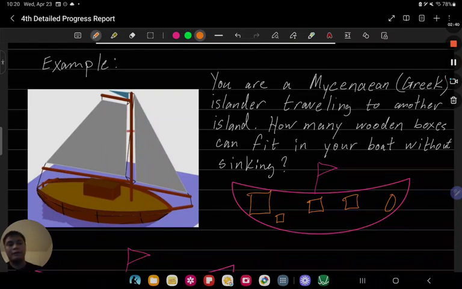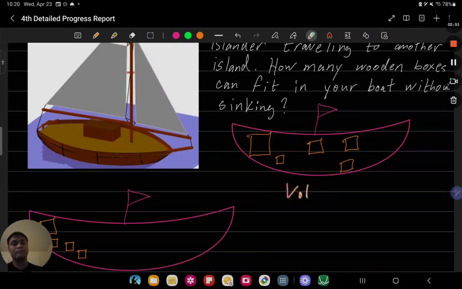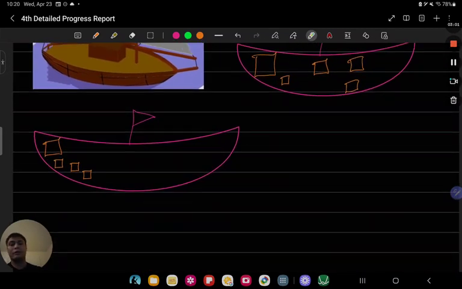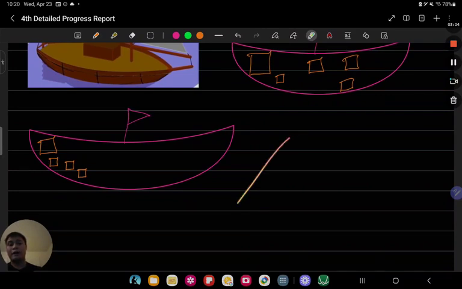Right? And one way to figure out approximately how much stuff you could fit is to calculate the volume of your boat. Right? How much stuff can I fit in here? Or if you had a raft, right?